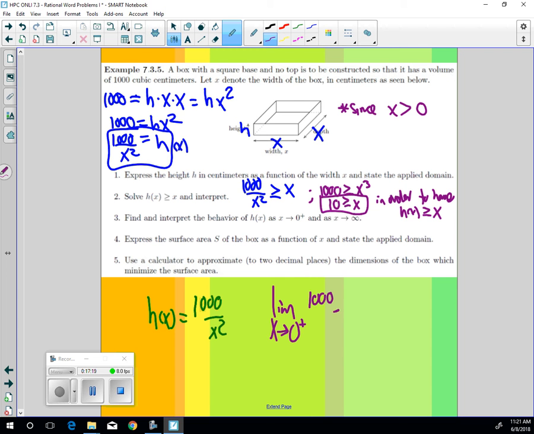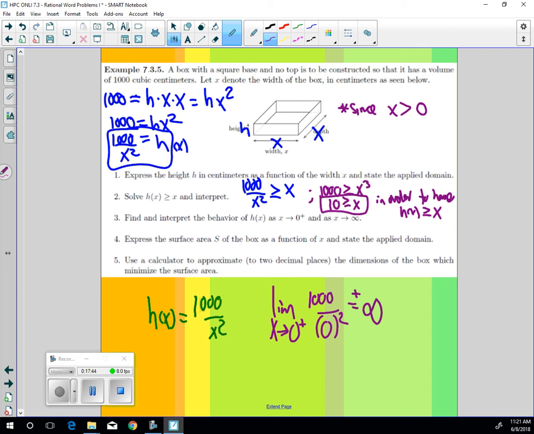So it's essentially 0. So 1,000 over 0, that is infinity, right? Positive infinity. So if your width gets really, really tiny, close to 0, your height would have to be really, really tall to get that.